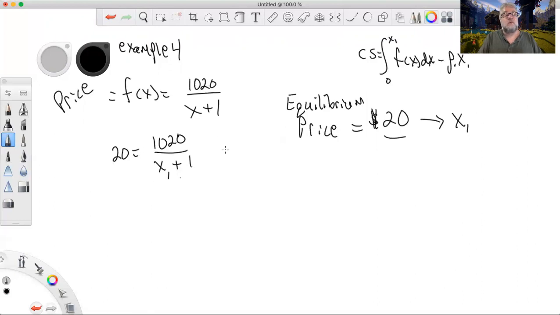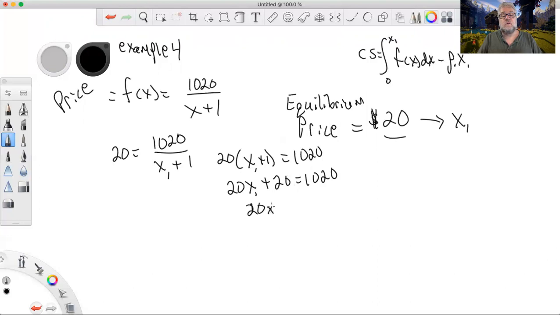So I'll multiply both sides by x plus 1 equals 1020. I'll distribute. And then I will subtract 20. And then I'll divide by 20. And what is that, 50? Yeah.